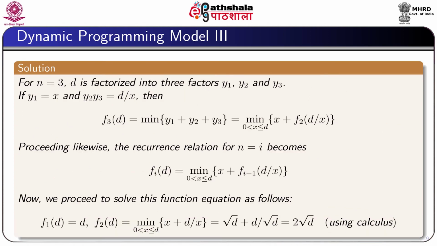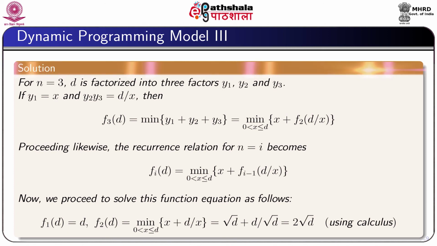Now, for n equal to 3, d is factorized into three factors y1, y2, y3, and if we assume y1 equal to x, then obviously y2 y3 will be equal to d by x.